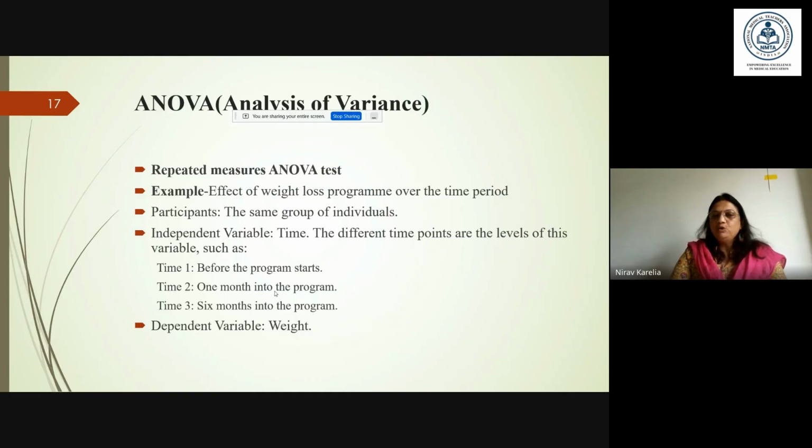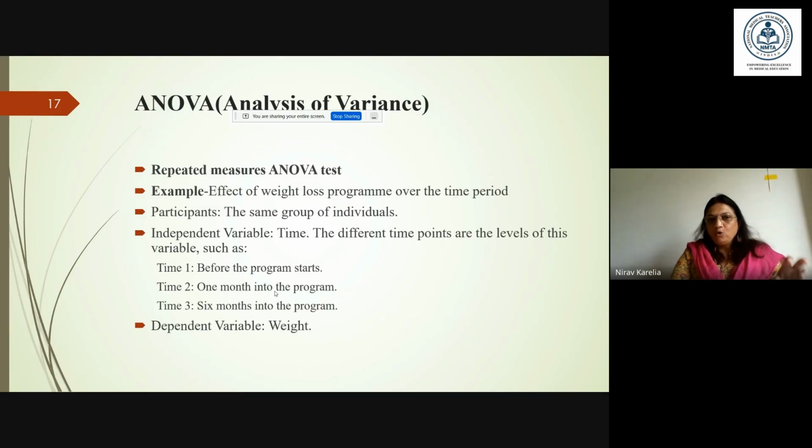The same person you measure the weight before starting any dietary modification, after 1 month what is the weight, after 6 months what is the weight. So the same person you have to follow over some period of time. Then if you want to analyze all the data simultaneously, you have to go for the analysis of variance or ANOVA, and in ANOVA specifically repeated measure ANOVA.